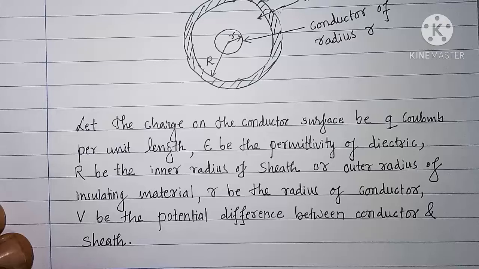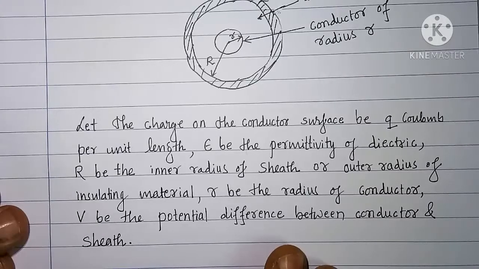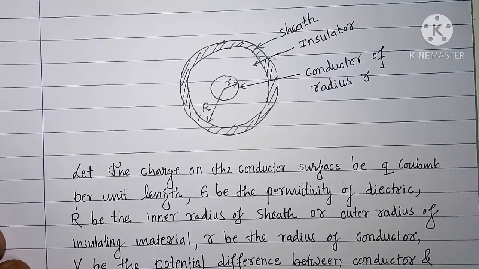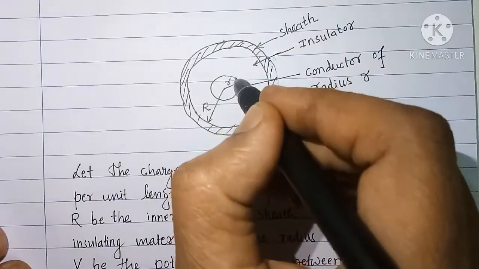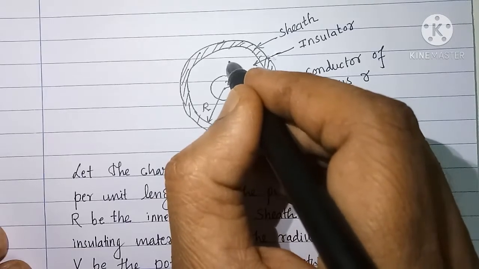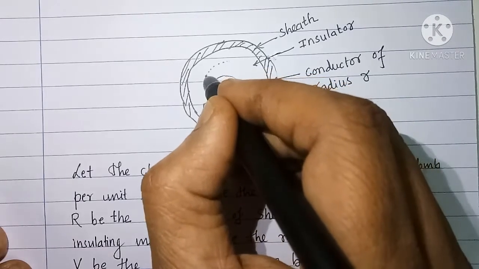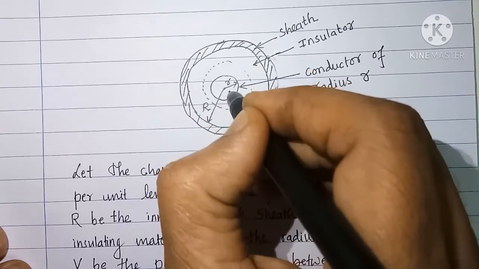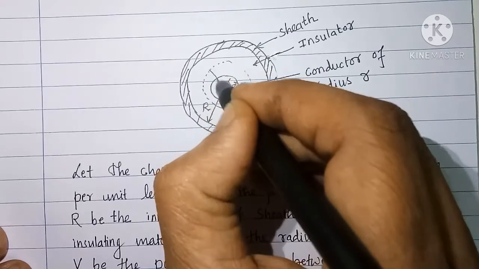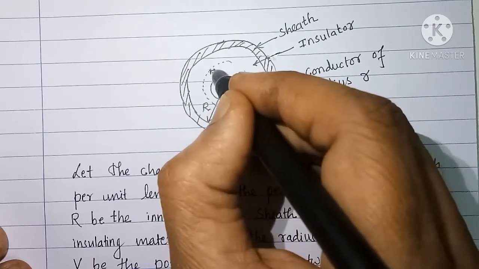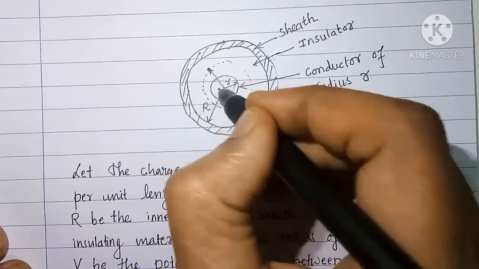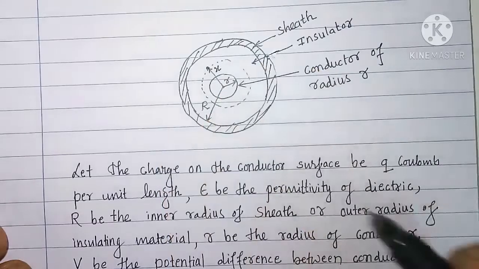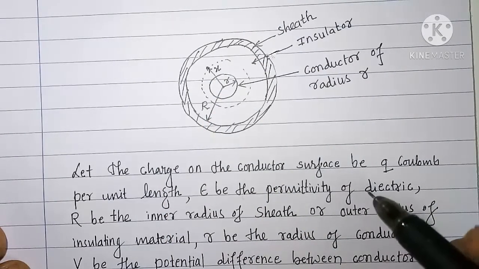Now we can calculate the electric field at a distance of x from the center of this cable. Say here is a point and this point is at a distance of x units from the center of cable.